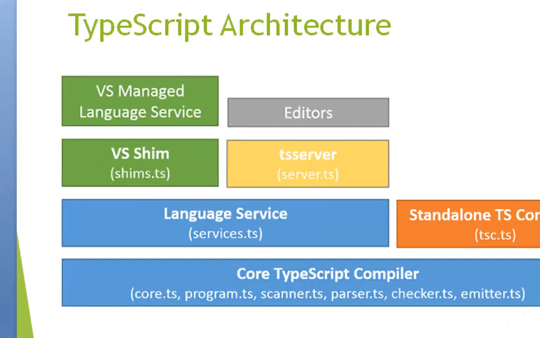Now I hope you know the meaning of this. What is a shim? A shim translates your code in such a way that it is understandable to every operating system. Is TypeScript understandable to every operating system? Yes. Who is responsible for that? Shims. They convert the code into managed code. What is managed code? Managed code is the code which is understandable to every operating system.